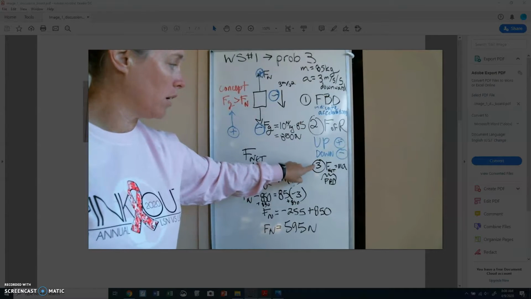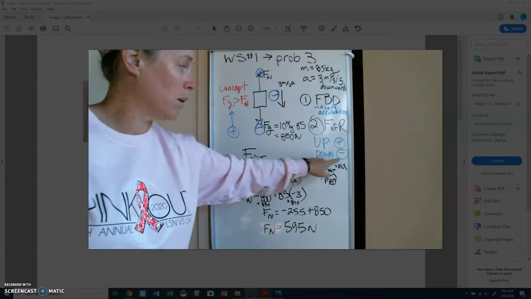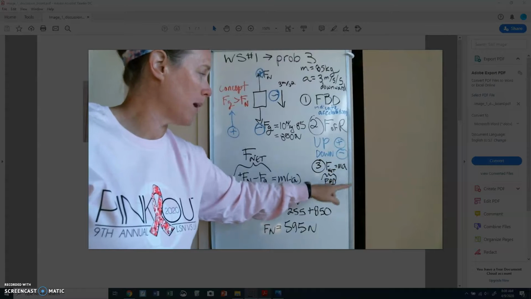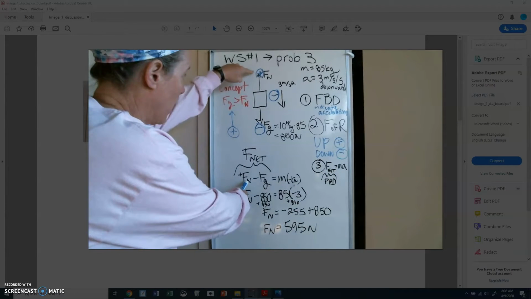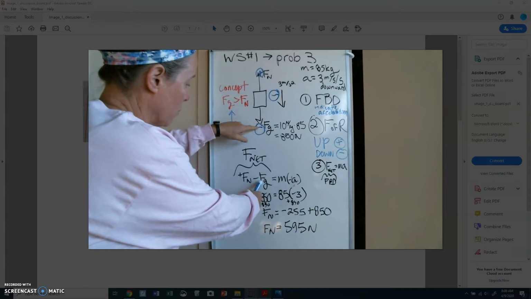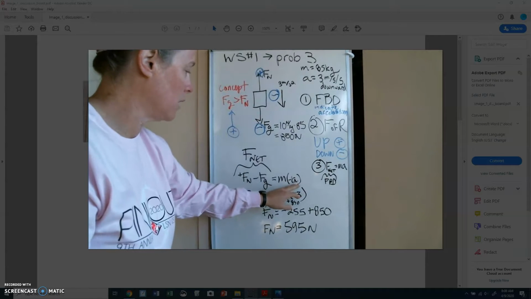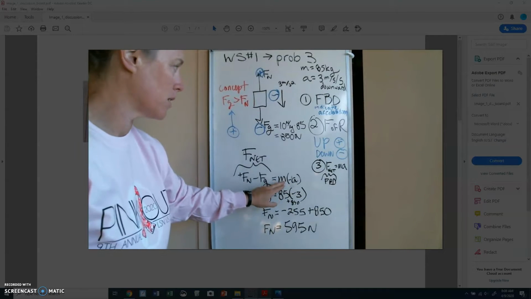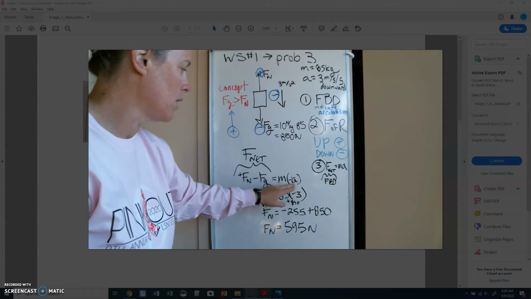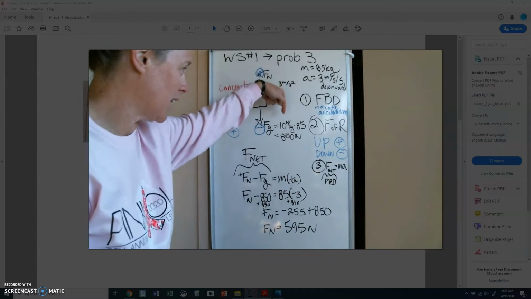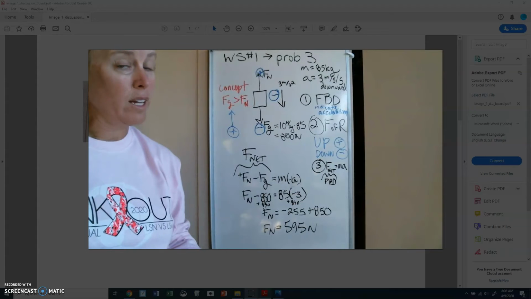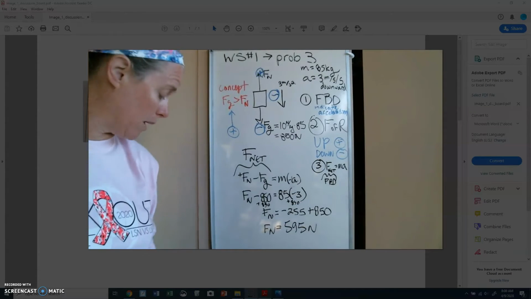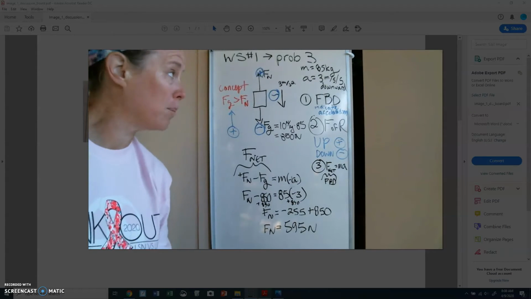And then 3, force net, put it into Newton's second law, force net equals mass times acceleration. This is from the free body diagram. Positive force normal, negative force gravity. And then this is your data, right? Mass, that's scalar, always going to be positive. And then a negative acceleration, a downward acceleration, or a negative 3. And that should make it through most of your free body diagrams. Okay? I hope that helps.